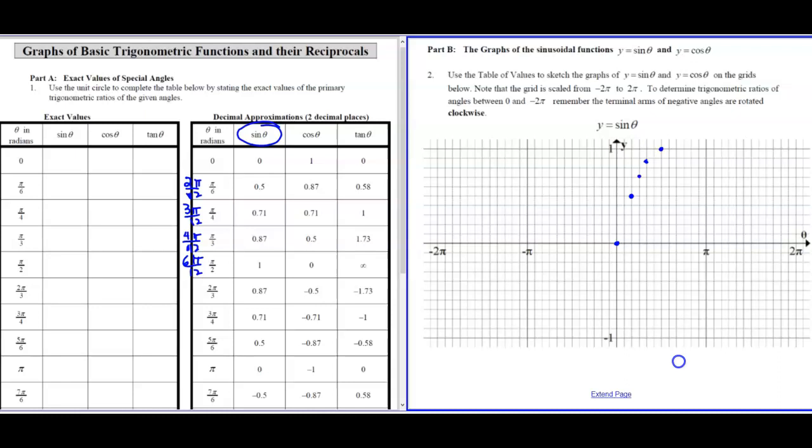So we've got up to the top here, and then we can go back down. Okay, so I call this like a mountain, and then your next part of it will be a valley.